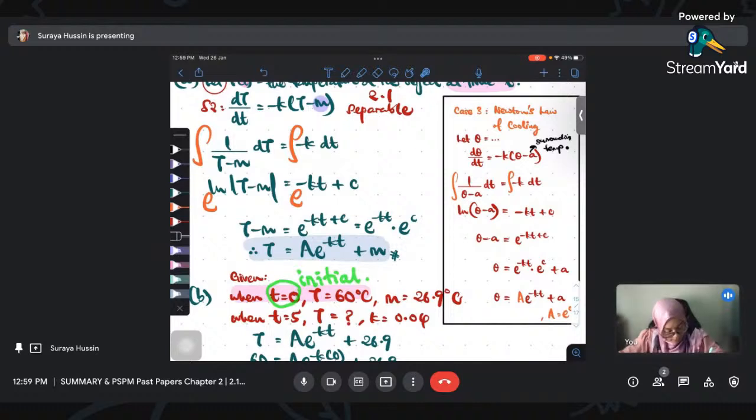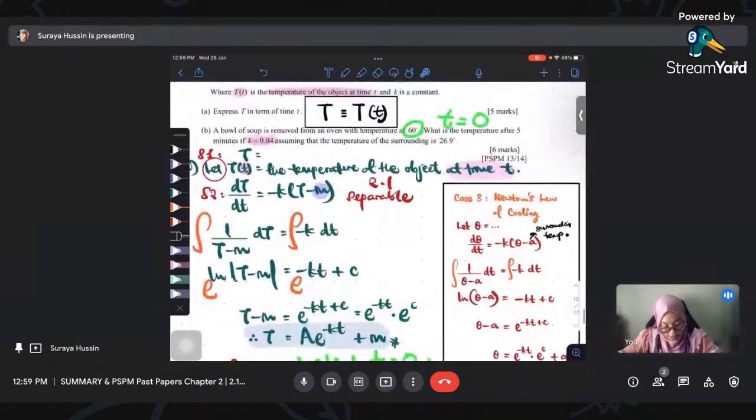Initial sentiasa bukan temperature, time. Small t is time. Time is 0. Okay, tak kisahlah 0 minute ke, 0 second ke. Tak payah tulis unit tu, tak payah, nanti pening. Just understand that pada masa yang initial, the initial time is T0.